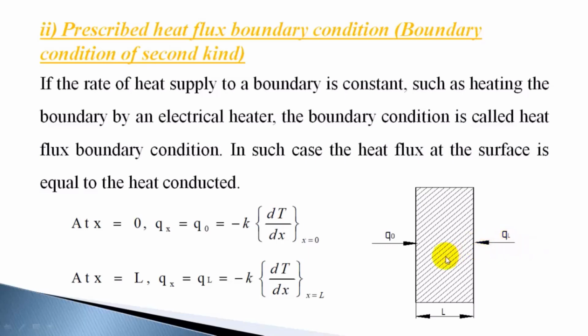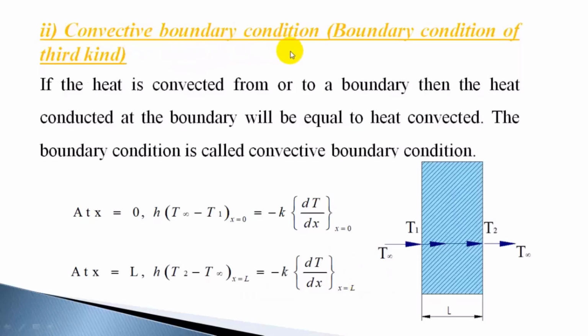QL can be either towards the surface or from the surface, so based on that it can be positive or negative. Whatever heat is conducted is equal to the heat flux at that surface. So heat flux is equated to heat conducted. This is the heat flux boundary condition.